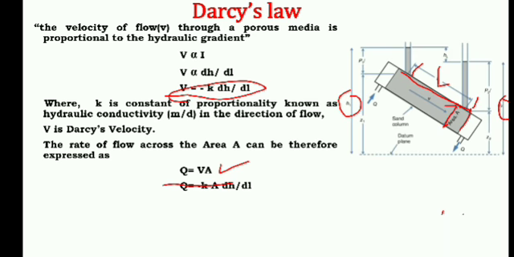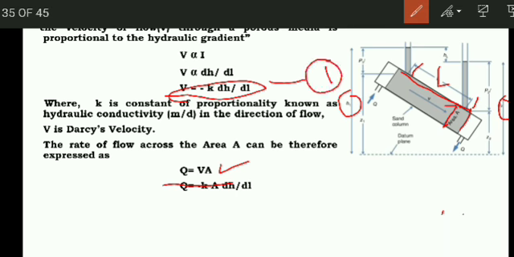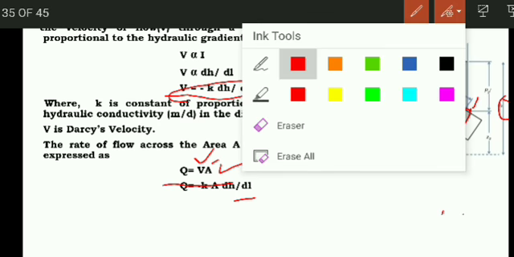Then we know the value of V, which is expression 1. From equation 1 we can substitute V as minus K dH by dL, and A remains as it is.